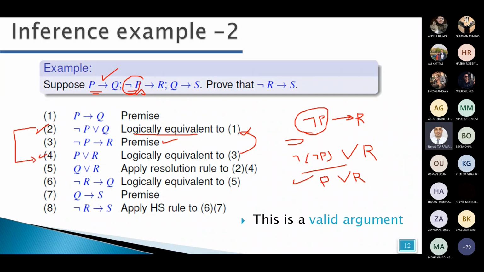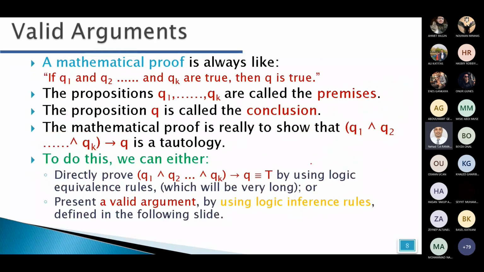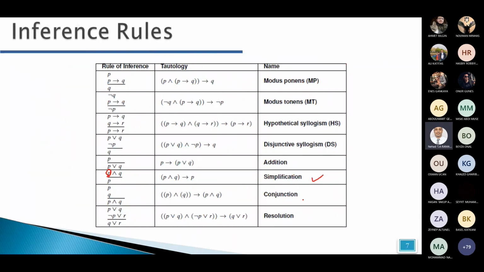Look at these two statements, not P or Q and P or R. We can use the resolution rule for them. You remember the resolution rule? P or Q, not P or R, then from this we can get Q or R.